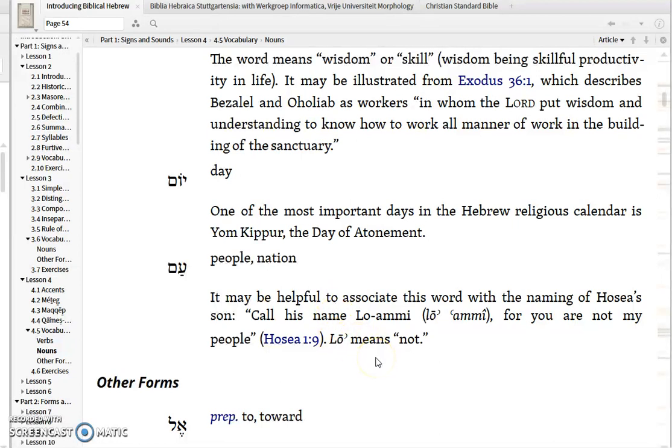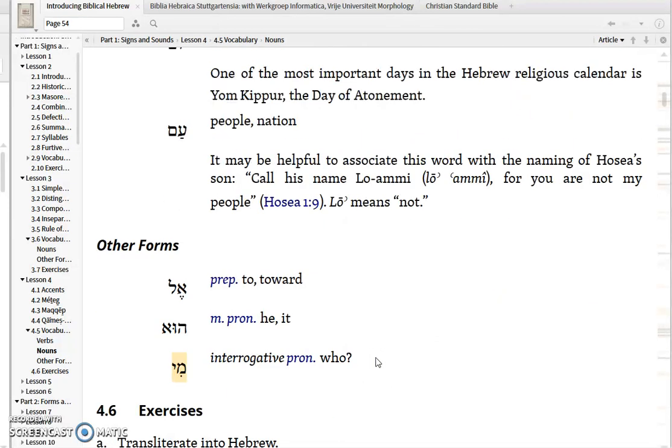Notice Hosea's child was called Lo Ami, which means not my people, which is a rather cruel name to give to a child, no kin of mine. And then he introduces a preposition, el, meaning to or towards. Similar in meaning to preposition la, the inseparable, but this will always be separated, though it can take the Maqqef.